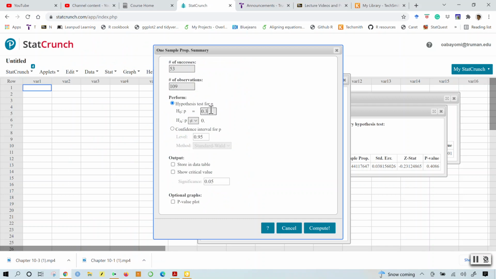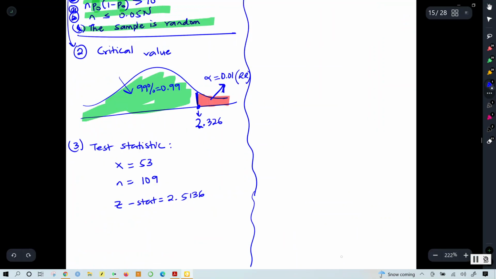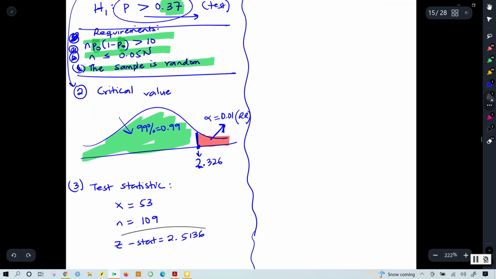This is 0.37, and I want greater than, and compute. So computing this, I have my Z-stat as 2.5135. So I'm going to take my z-stat to my working table. Here on the screen, I have my z test statistic, which is 2.5136.